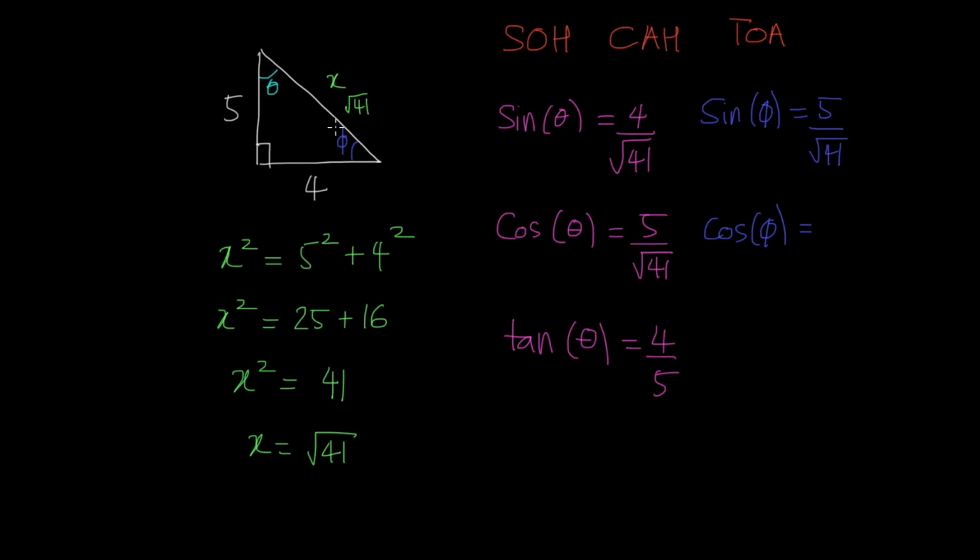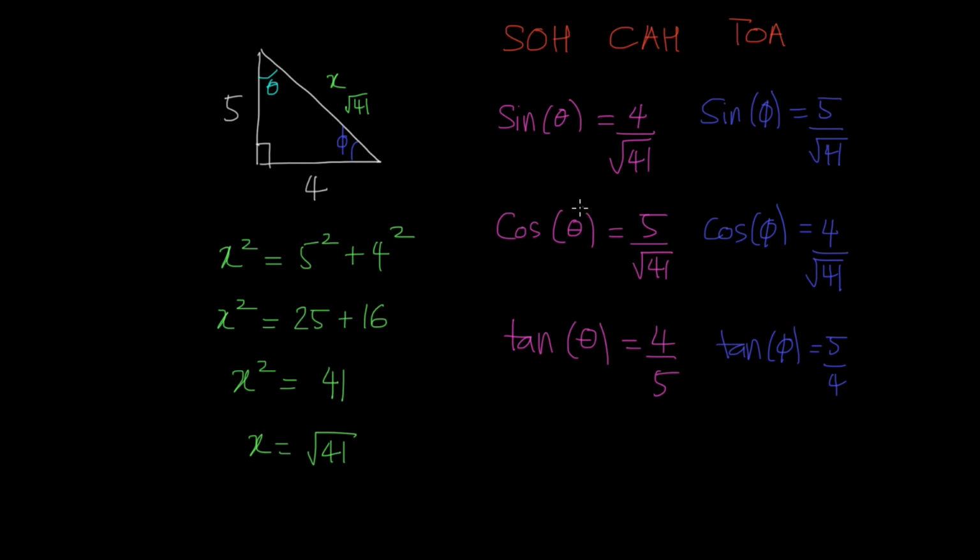So the adjacent side to this angle is right here. It's 4. So 4 over my hypotenuse, which is square root of 41. Finally, we have the tangent. Tangent of phi equals opposite over adjacent, and my opposite is 5 over 4.